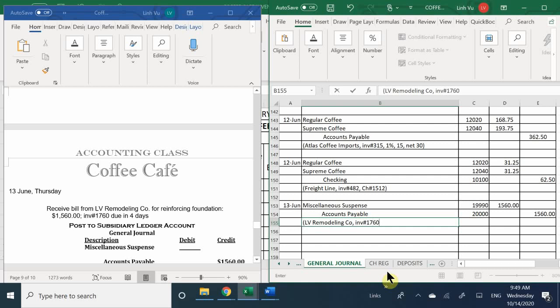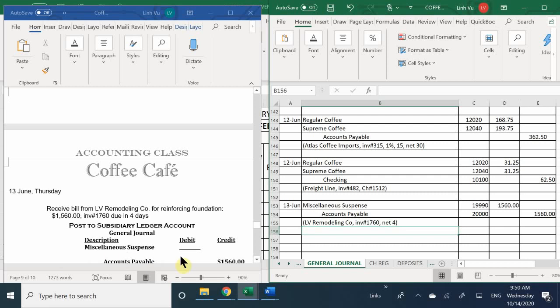Good. And when is the whole entire thing due? 4 days. Net 4. We'll figure that part out in the subsidiary ledger. Okay, so there, I've completed my transaction, and it's going to be a miscellaneous expense, and it's going to be on the accounts payable account.